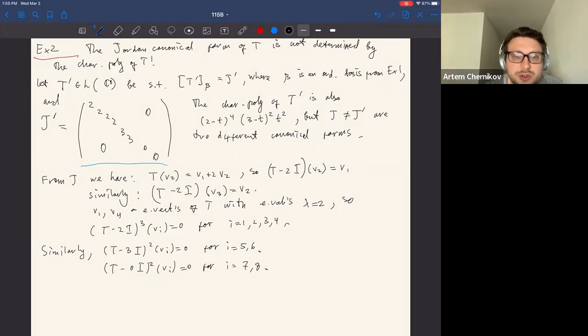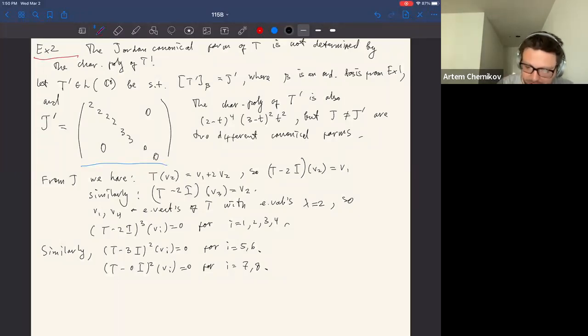So we are noticing some general principle here: we can always find some power such that T minus an eigenvalue lambda times the identity, to this power, gives us 0. So far we just checked it in this example.